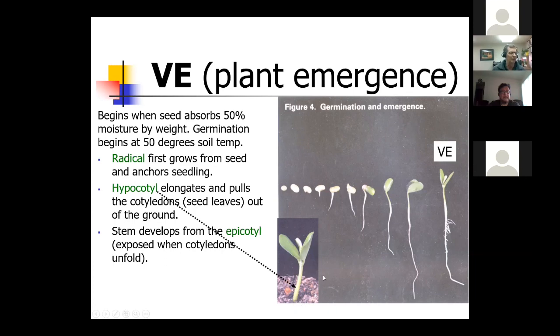So if we have any bad things happen, so if the hypocotyl is cut off near or at the soil line, we have no opportunity for regrowth of the plant. So once these seed leaves are open, this is VE stage, and then soon after, the stem will develop from the epicotyl, which is above the node where the seed was attached.